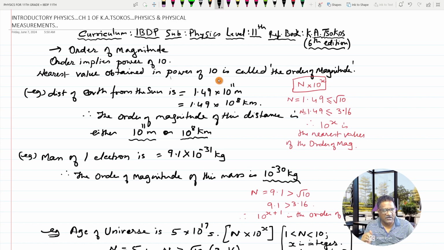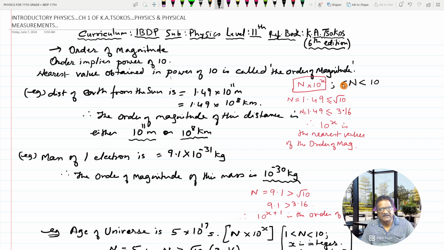That we'll discuss now. Any number has something called scientific notation. In scientific notation, any number can be expressed in the form n into 10 raised to x. This is the way a number can be written in scientific notation, where n is always between 1 and 10.